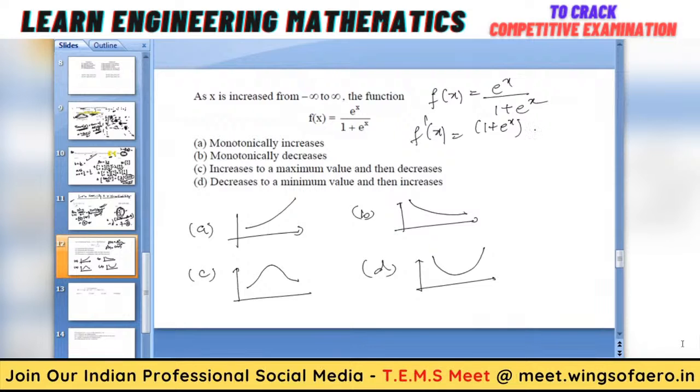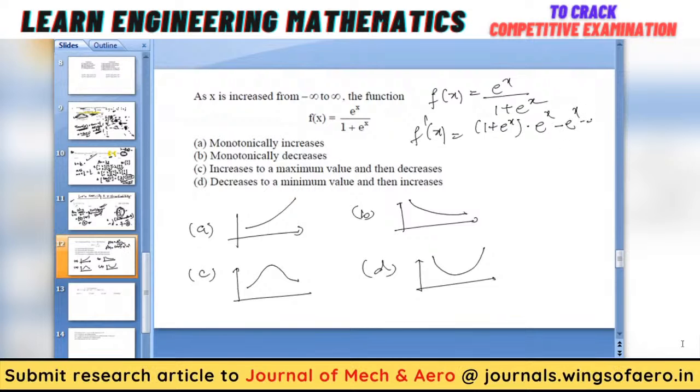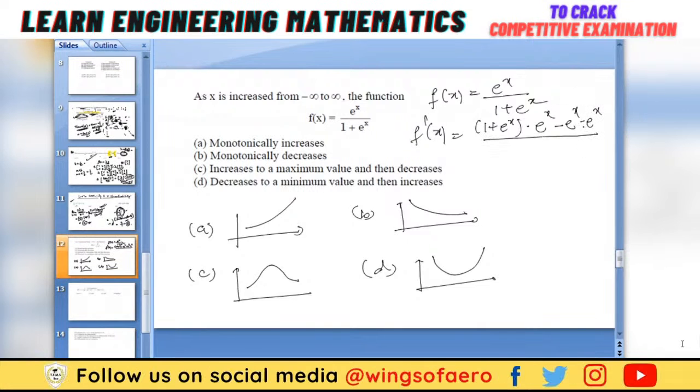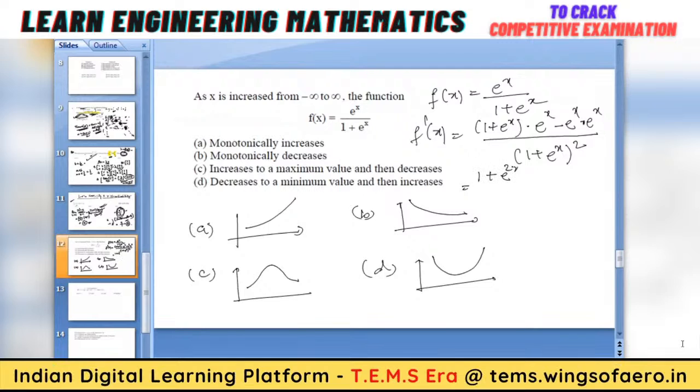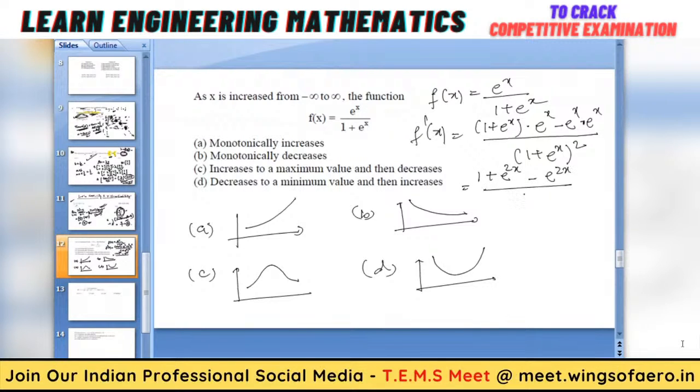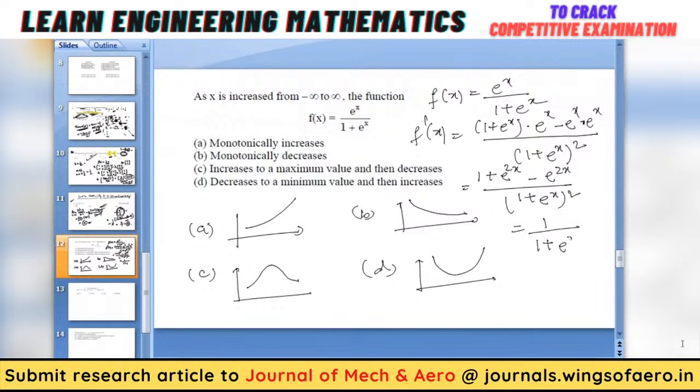So 1 plus e to the power x into e to the power x, minus e to the power x into e to the power x, all divided by 1 plus e to the power x whole square. This is equal to e to the power x plus e to the power 2x minus e to the power 2x, divided by 1 plus e to the power x whole square, which is equal to e to the power x by 1 plus e to the power x whole square.